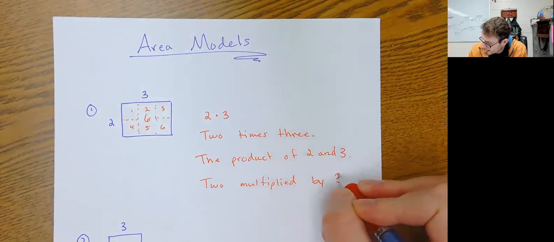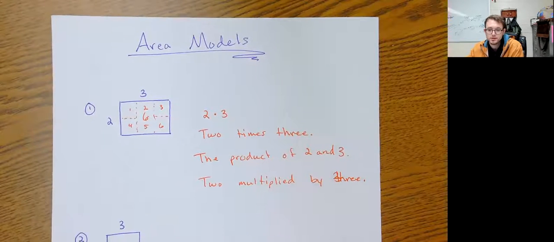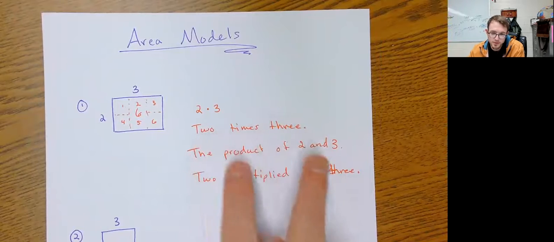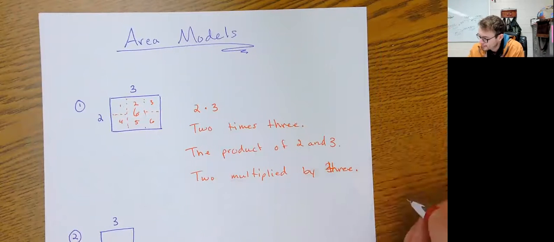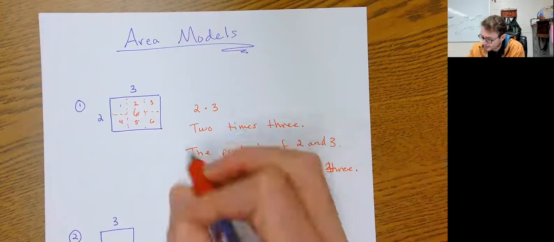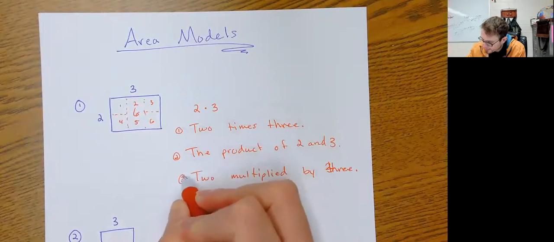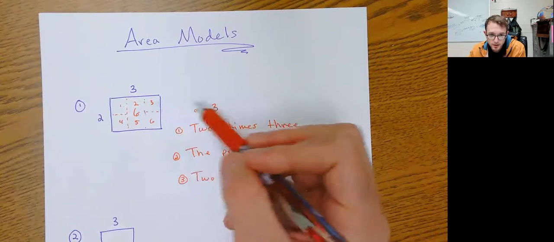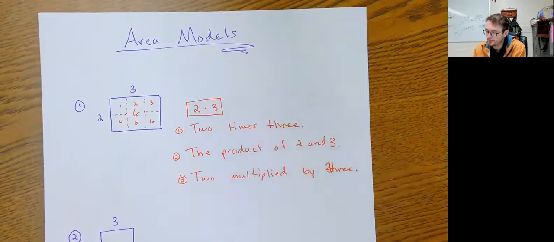Ooh, I don't want to mix numbers and words. If you're going to use numbers, use just numbers. If you're going to use words, use just words. I messed up. My bad. So "2 multiplied by 3." So here are 3 different examples of the phrase that is represented by this area model, and this is the expression itself that is represented by that area model.